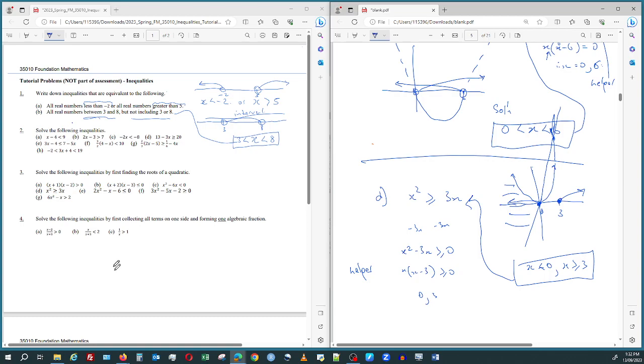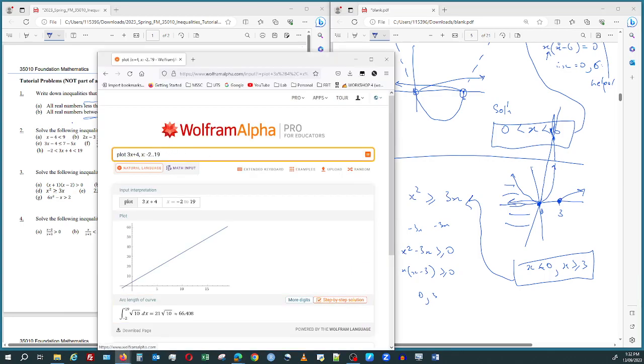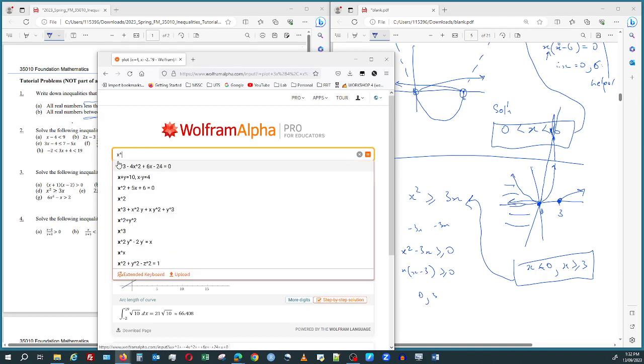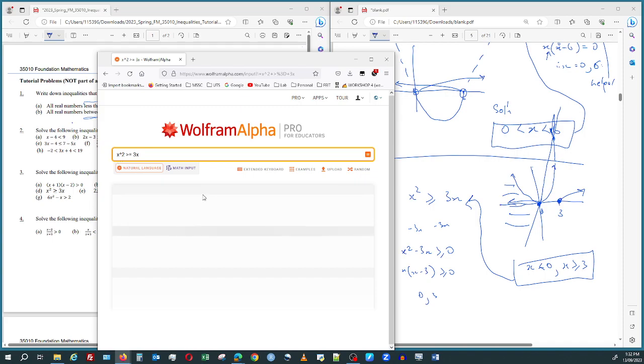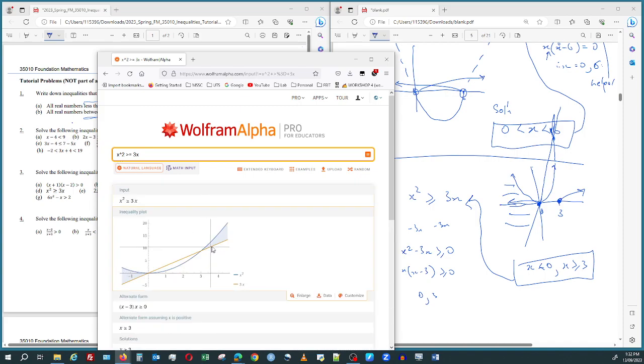I want to put this one on Wolfram, and it'll probably make me scale it. That's fine. I'll just do the original one first. So x to the power 2 is greater than or equal to 3x. What we find is that we get a number like, there it is, look at that. There's the 2 values, 0 and 3. That's a much better diagram than I could have done.